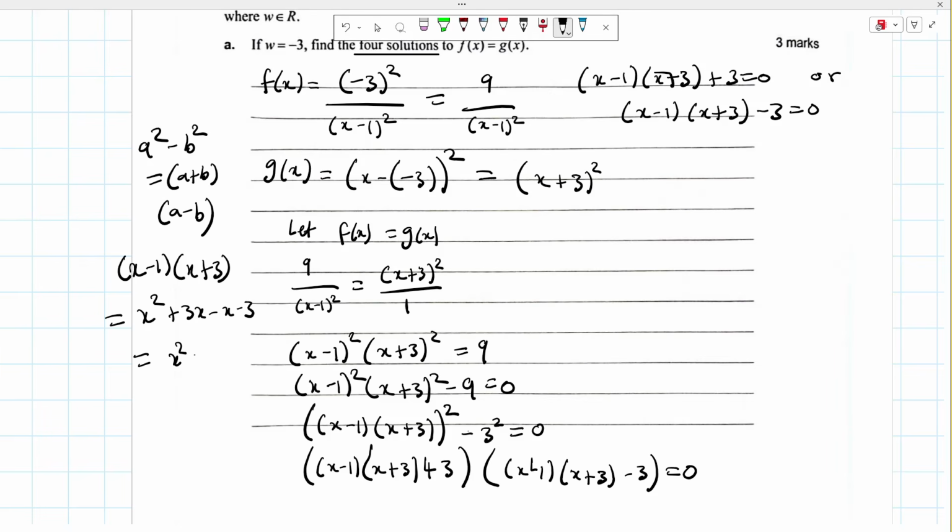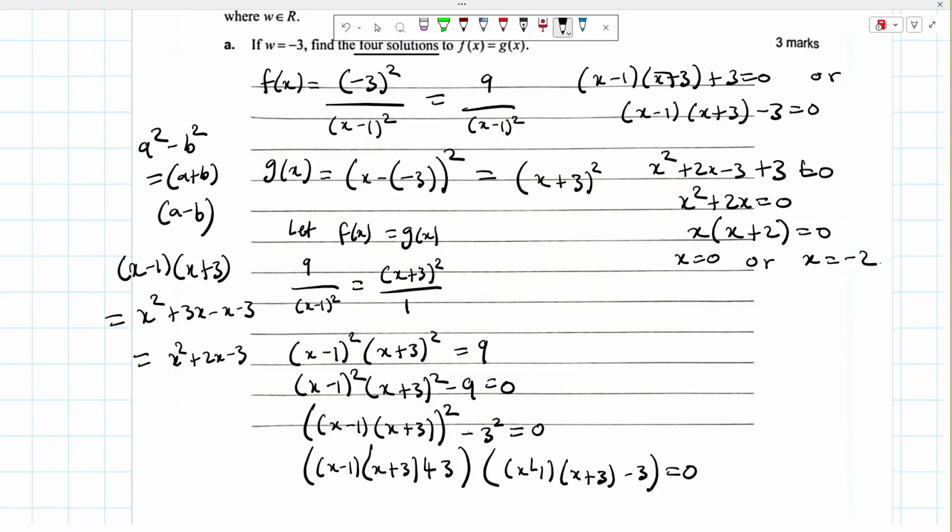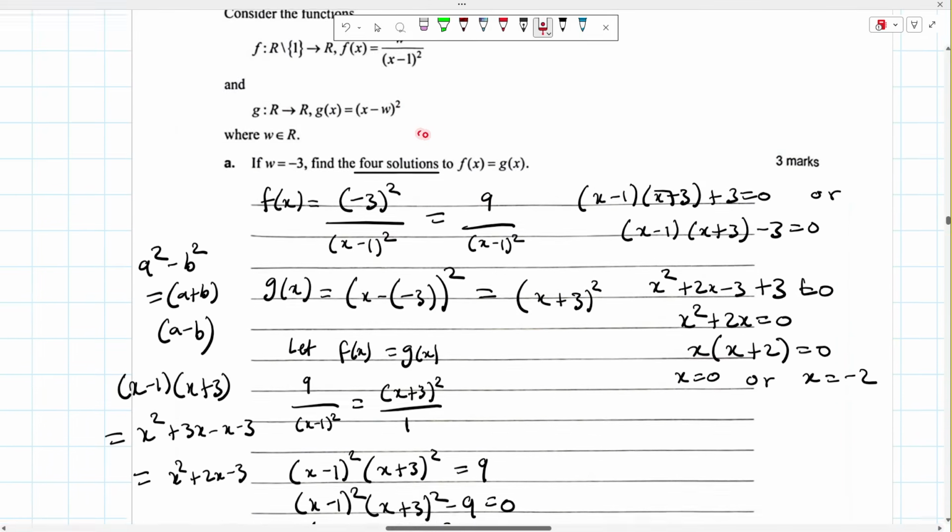That's going to be x squared plus 2x minus 3. So for the first thing, we have x squared plus 2x minus 3, then we have a plus 3 is equal to 0. Negative 3 plus 3 is 0, so x squared plus 2x is equal to 0. Factor out an x. We get x is equal to 0 or x is equal to -2. That's 2 out of our 4 solutions.